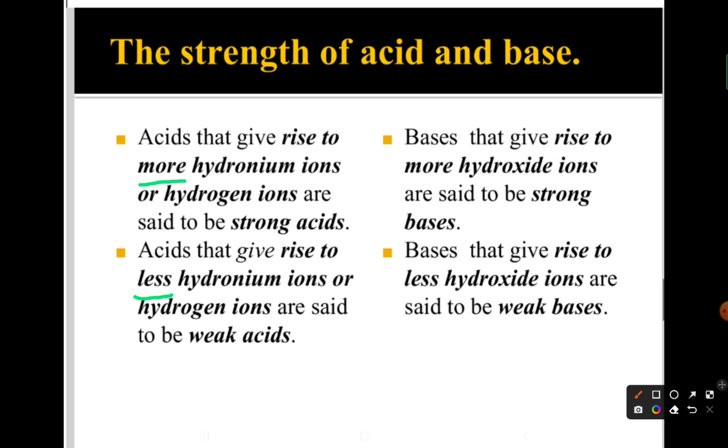Let us start. Bases that give rise to more hydroxide ions are said to be strong bases.